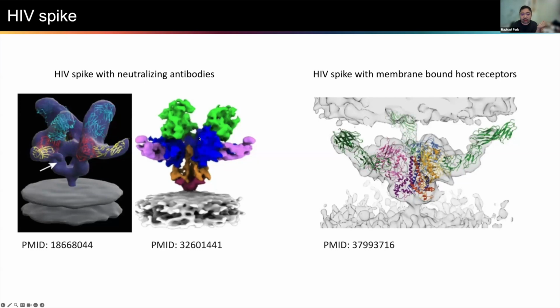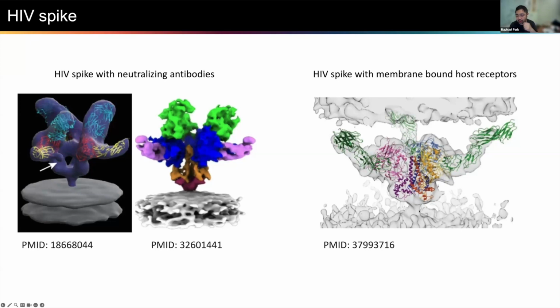And of course, over time, with a better microscope and software, we improve the resolution of the same complex on the surface of virus. And even moving further, now we can study how this viral spike interacts with host receptors that are membrane bound.